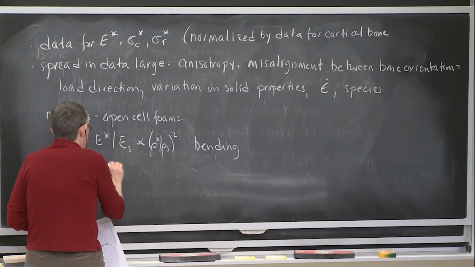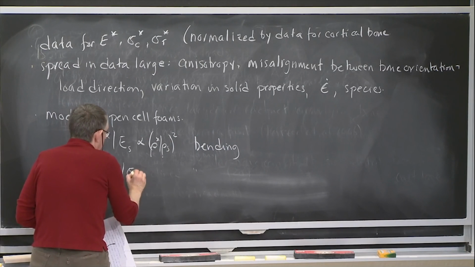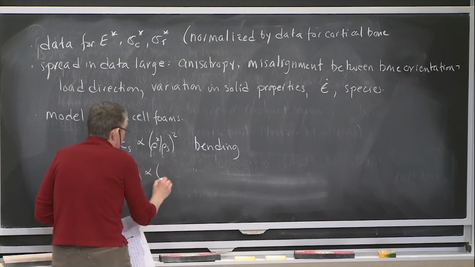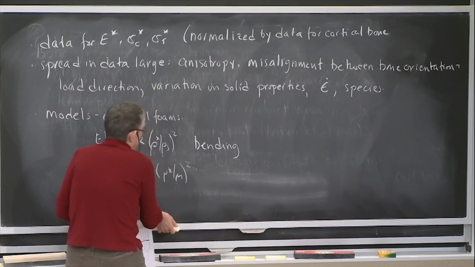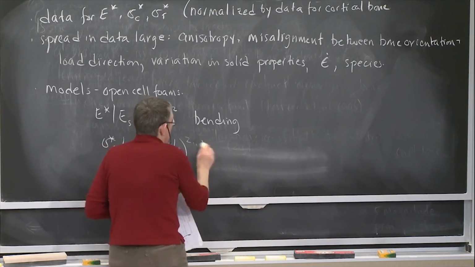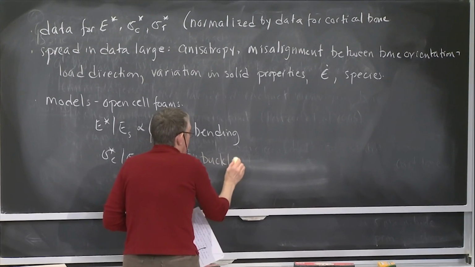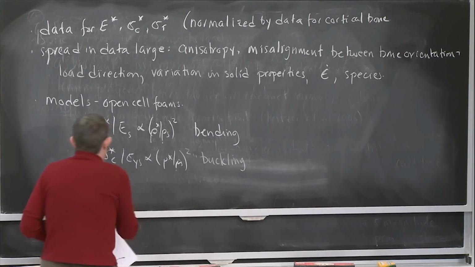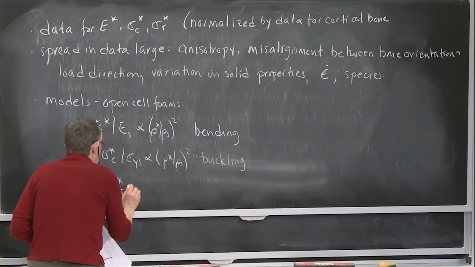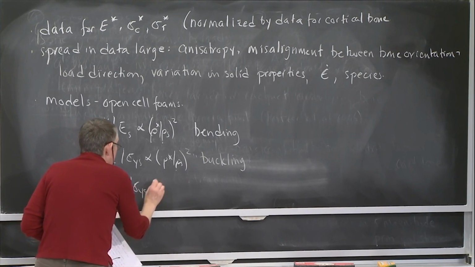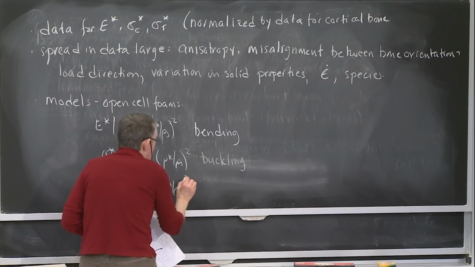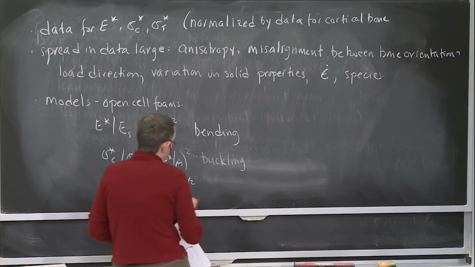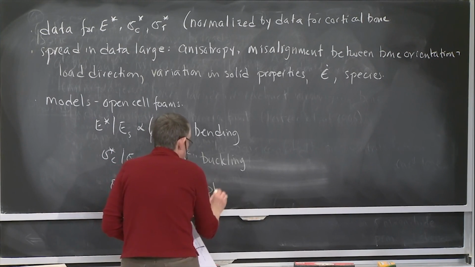And the compressive strength goes roughly as the density squared, and that's related to this plastic buckling. And then the tensile strength depends on the formation of plastic hinges, and it goes roughly as the density to the 3/2 power.